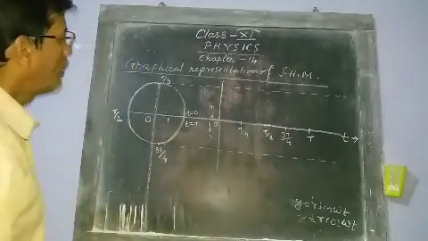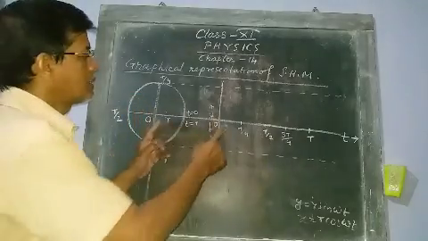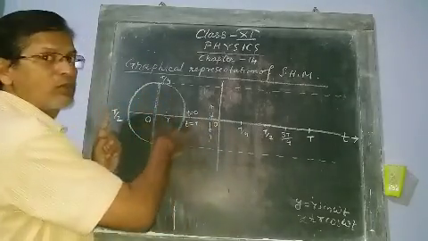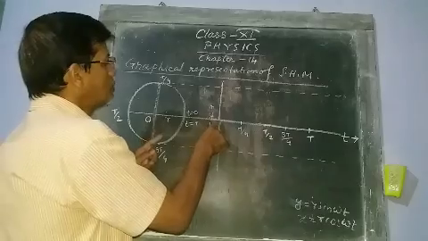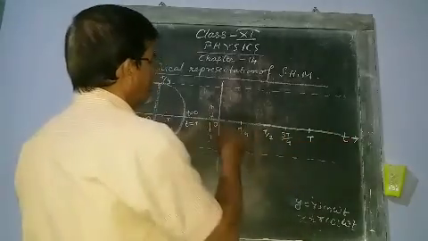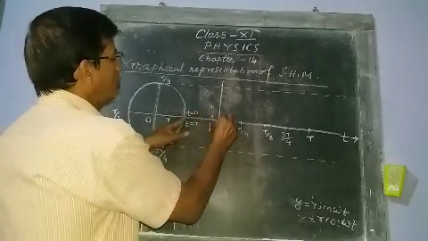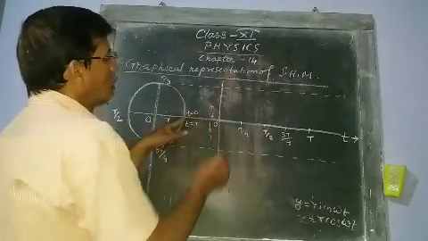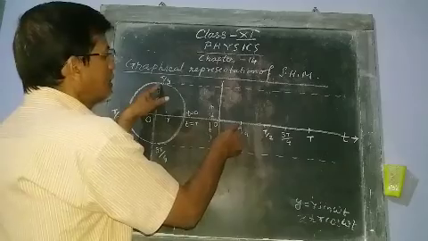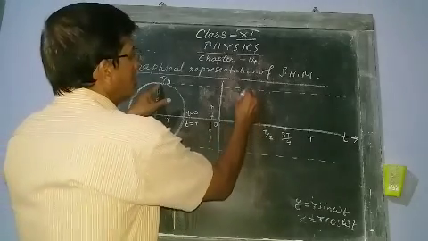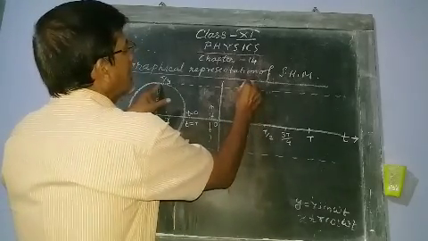Compare this with the circular path. When t equal to 0, the position is here. When t equal to T by 4, the position is here.